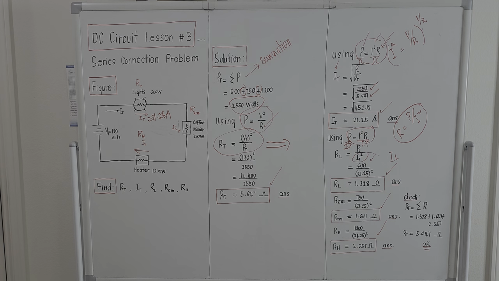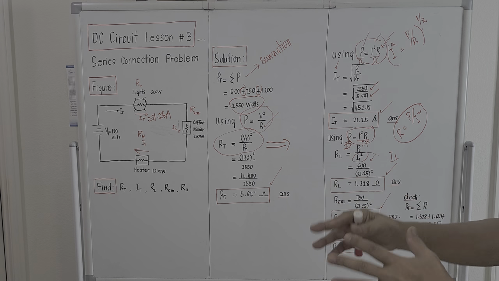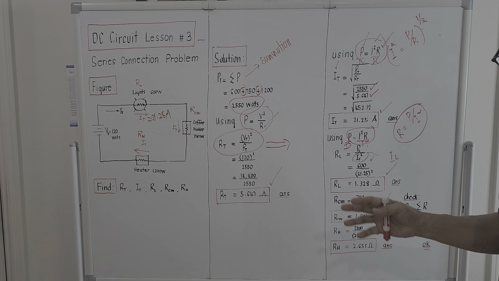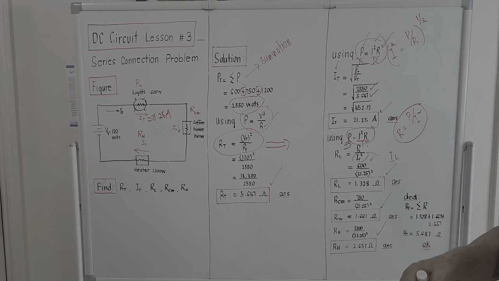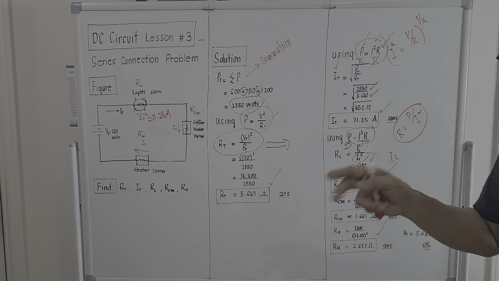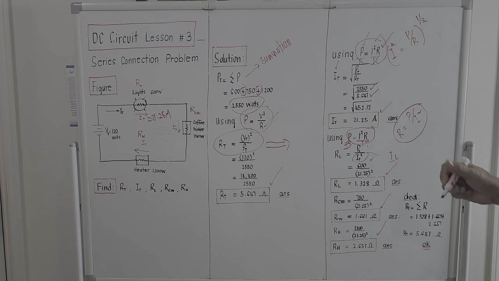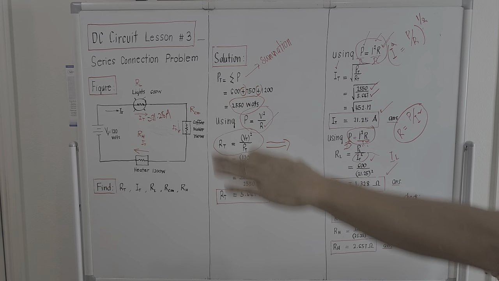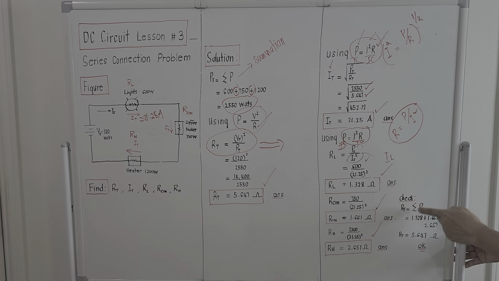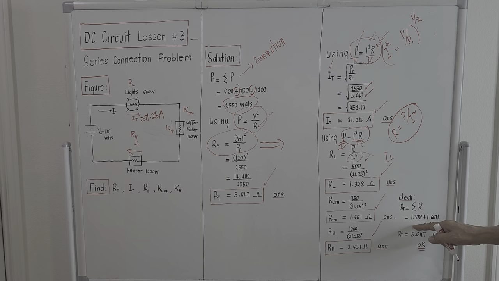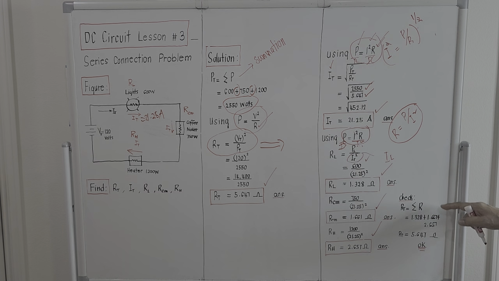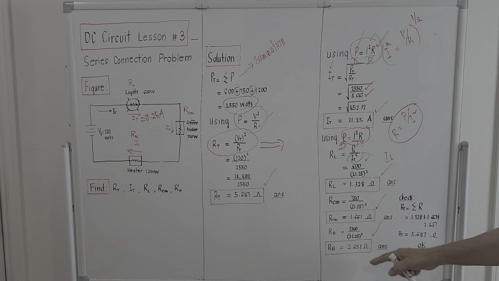To check the validity of the individual resistances, we will use the concept of series connection. Like I said, the total resistance of a series connection is just the summation of the individual resistances. So R total for a series connection is the sigma notation, the summation of the individual resistances. So this is 1.328 plus 1.661, and the last one is the resistance of the heater, 2.657.